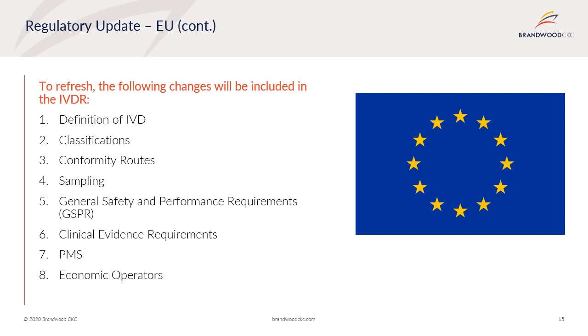That's really what kicked off the whole push for the MDR and IVDR. And so there's a lot of language specific around post-market surveillance there. And then finally, the economic operators have changed, and the definitions of those are going to be important to you. So let's just go briefly through these, and then we'll wrap up the presentation.